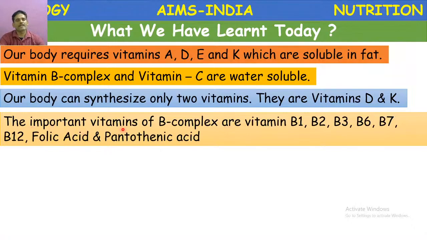So the important vitamins of B complex are vitamin B1. What is the chemical name of B1? Recall. Come on, answer, those who are in live chat. Vitamin B1 is also called thiamine. Vitamin B2, riboflavin.